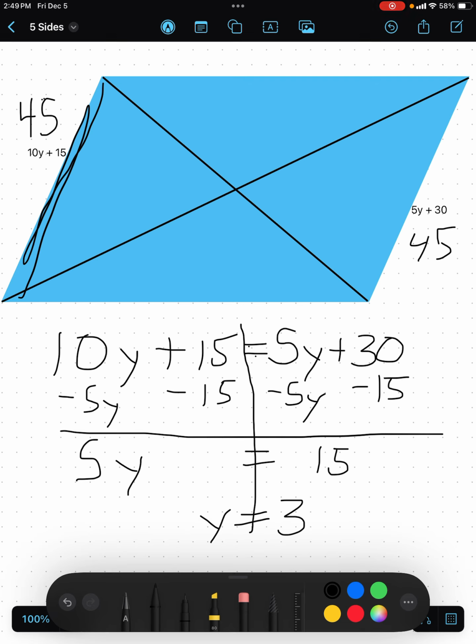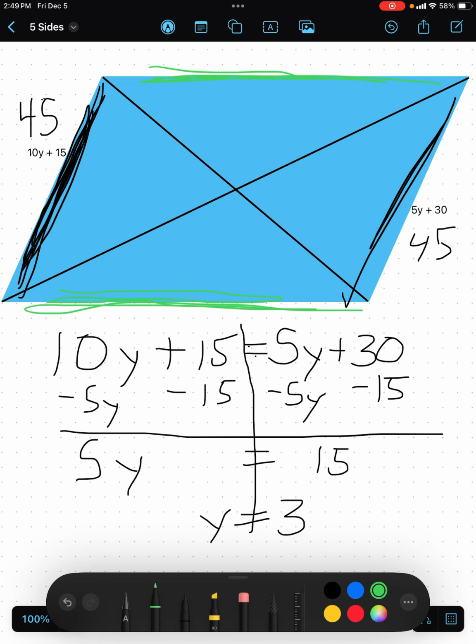So, again, opposite sides in a parallelogram are congruent. What we don't have is any way to make a necessary relationship between one set of congruent sides and the other set of congruent sides. There is no set relationship between those two things.